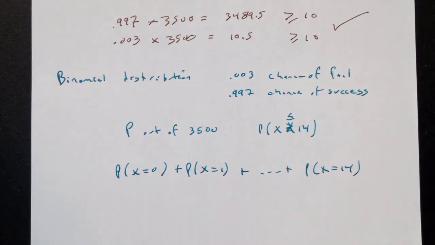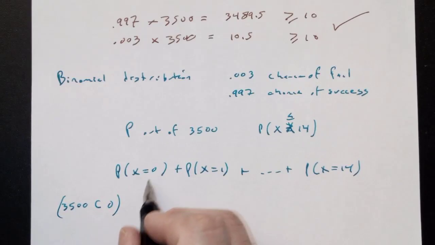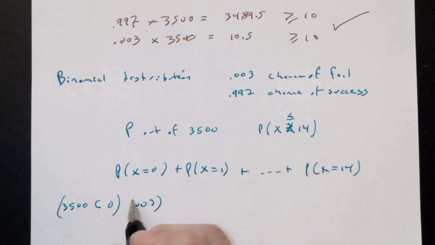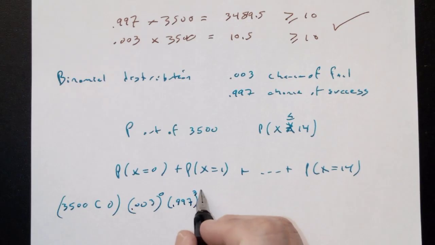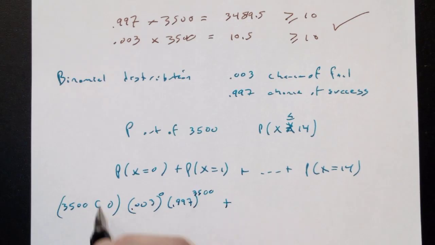And each of those requires me to say out of 3,500, combination of that many, this is the number of failures, so 0.003 to the 0, 0.997 to the 3,500, and that's just for the 0. And I'm going to have to do that 15 times. Isn't that atrocious?